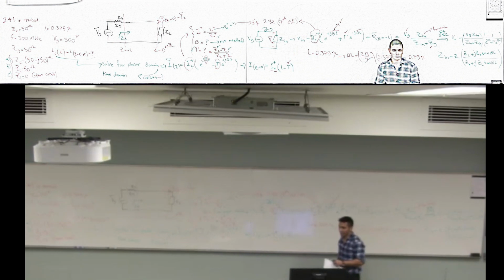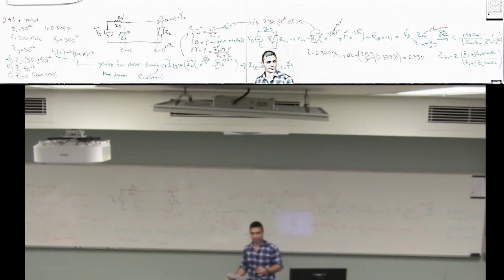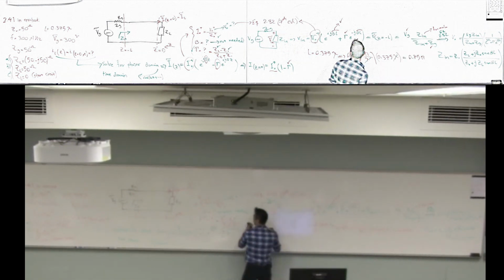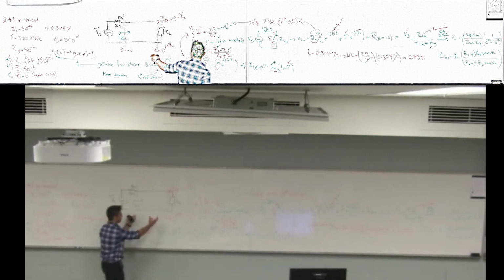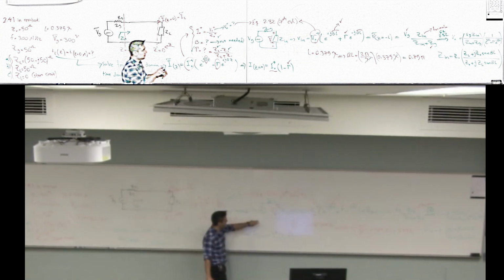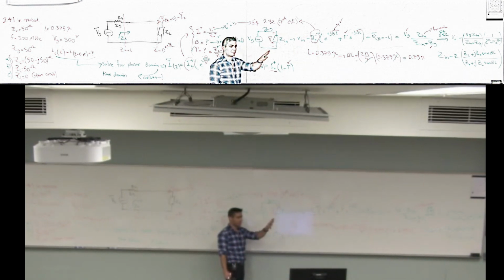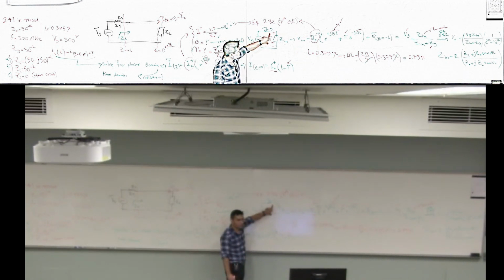Could you remind me where we get the Vg Zn over Zn plus Zg? Like where does that formula come from? Yeah, so having the Zn here means you can take away this whole thing and then replace it with a Zn. Then you will have this circuit. That Vn, which starts right after the source or the generator, is actually the voltage of Zn.